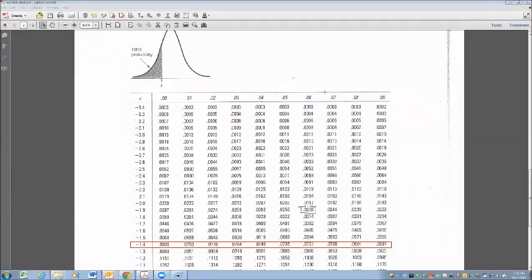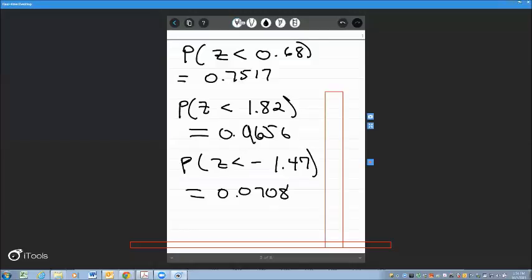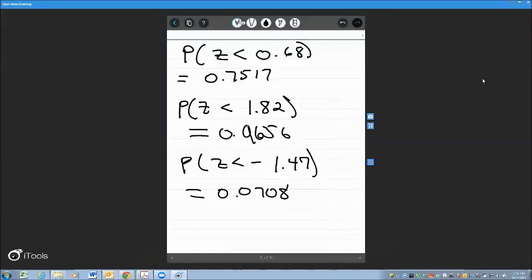We'll go to the 0.07 column, and we will see 0.0708. So the probability of lying to the left of minus 1.47 is 0.0708. So anytime I have a less than, I'm just going to read it directly off the table.